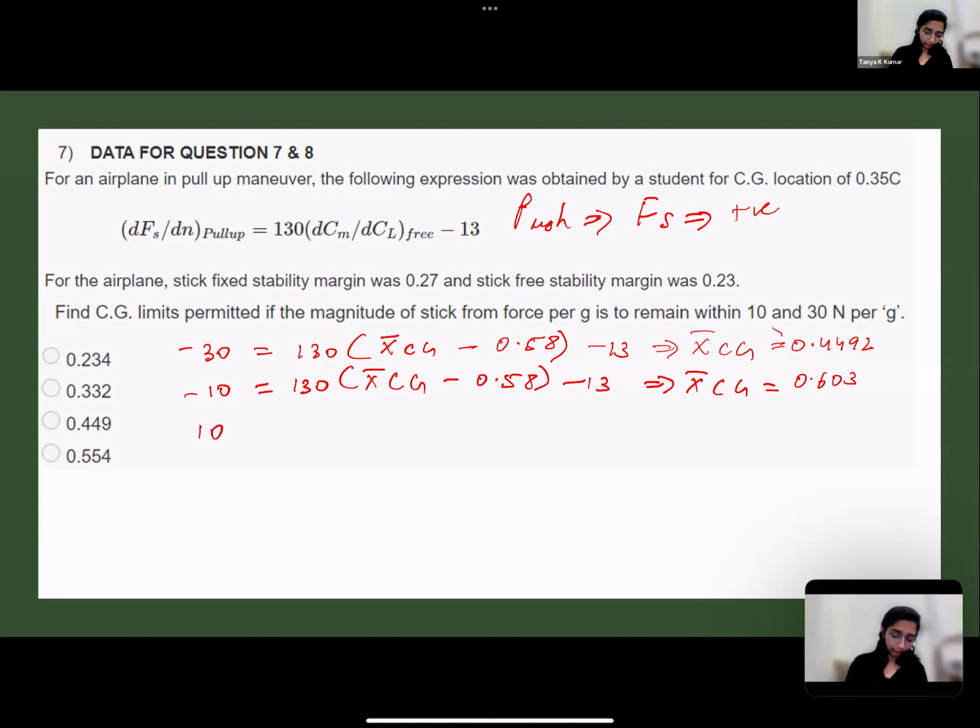Now let's try 10. 130 X bar CG minus 0.58 minus 13. What is X bar CG? 0.756. Similarly, try it for 30.